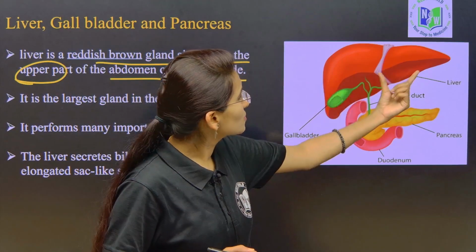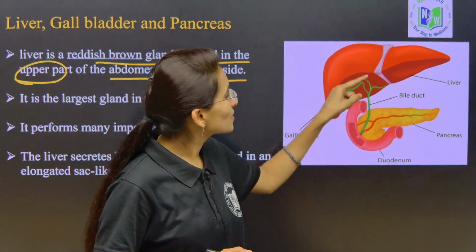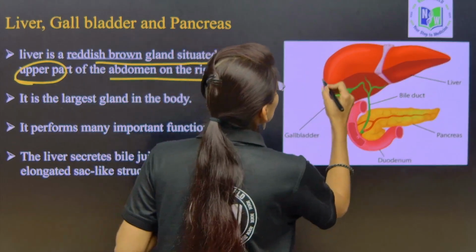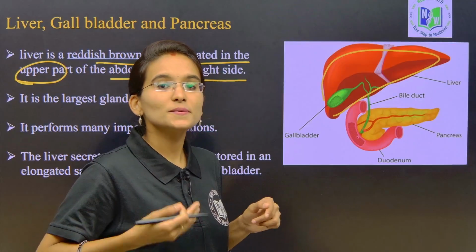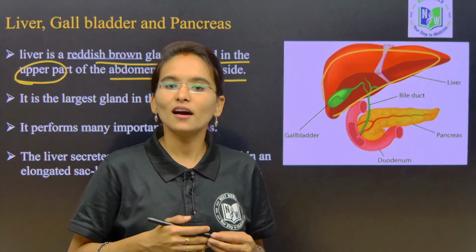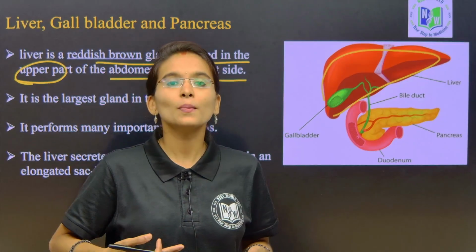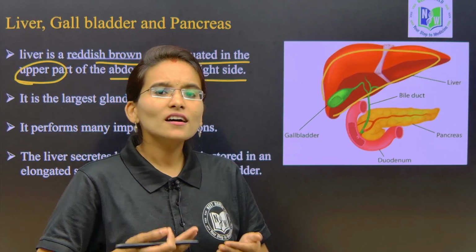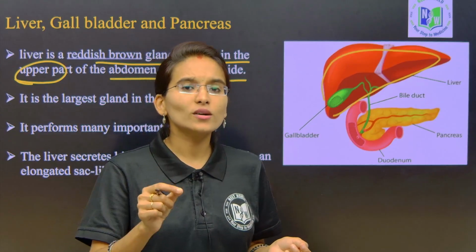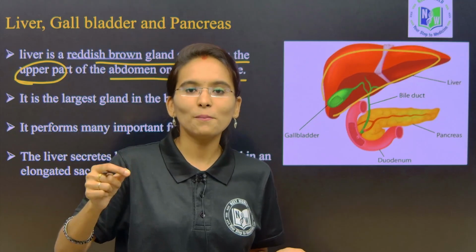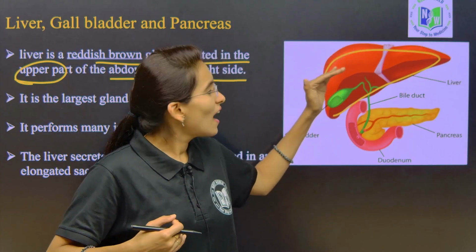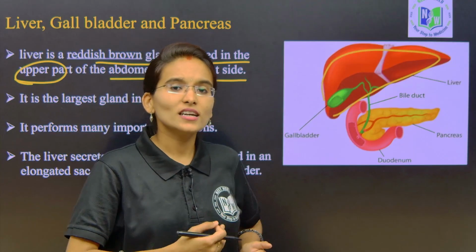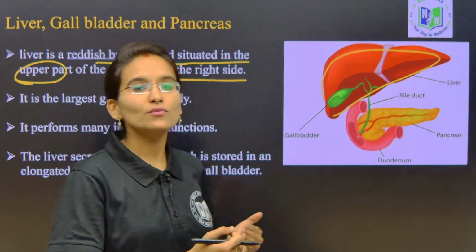Can you see this particular visual here? This is the liver, which is present at the right side, at the upper part of the abdomen. This is called the abdominal region. In the abdominal region, it is located at the right side in the upper part, because at the left side we can find the stomach.